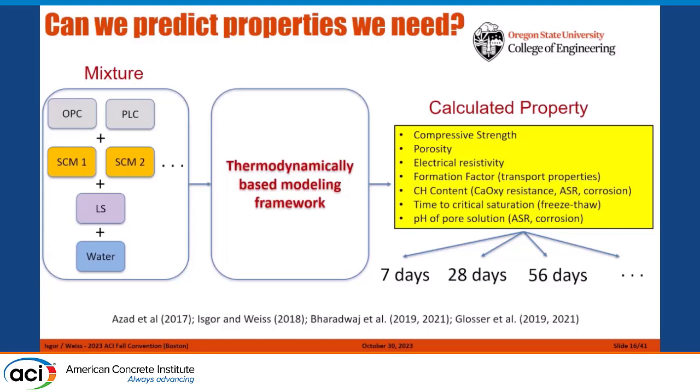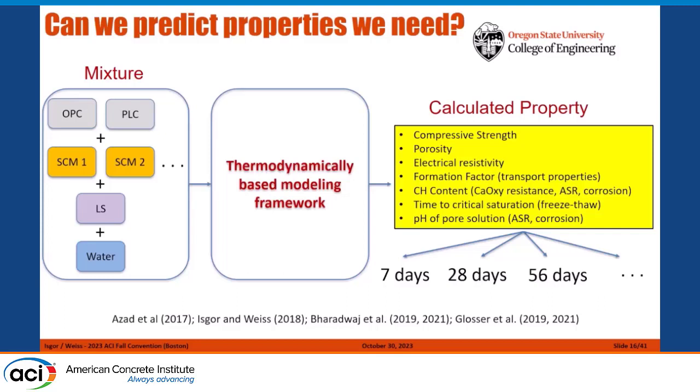So we can say that using a thermodynamic modeling framework, we can calculate what kind of products we form. We can, for example, calculate how much calcium silicate hydrate, C-S-H, would form, how much calcium hydroxide will form, how much Friedel salt will form, how much calcium oxychloride will form. We can calculate the actual solid products that will form at different times. We can find those at 7 days, 28 days, 56 days, or any time we want.